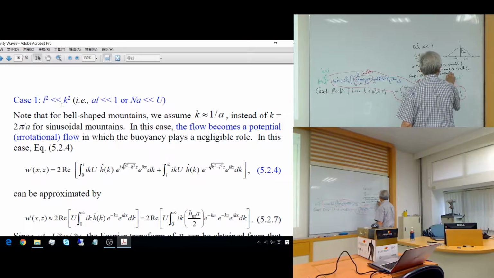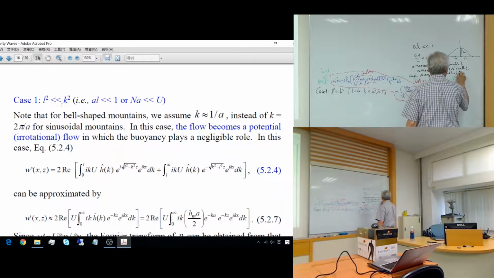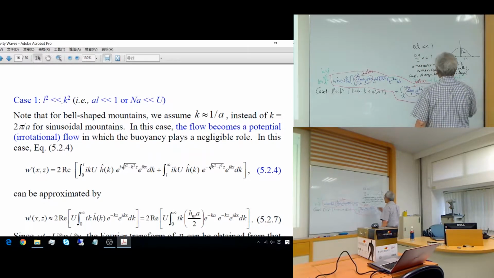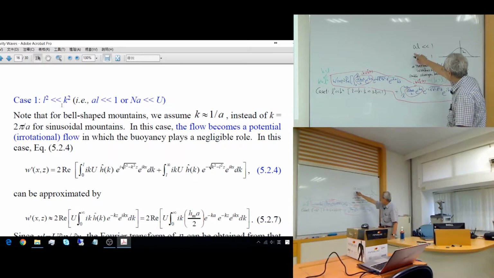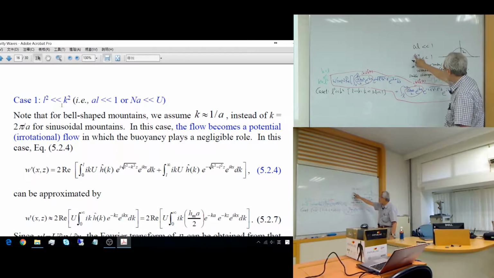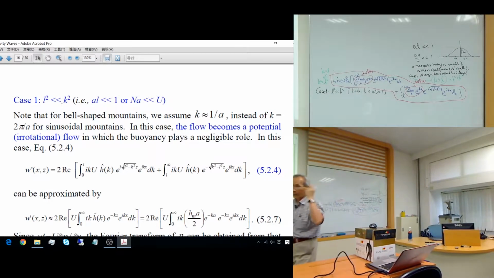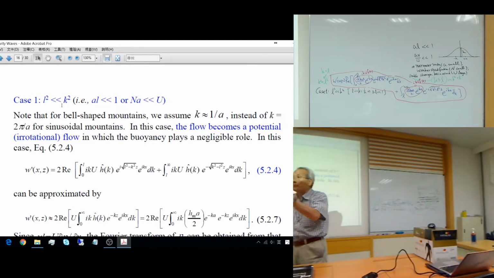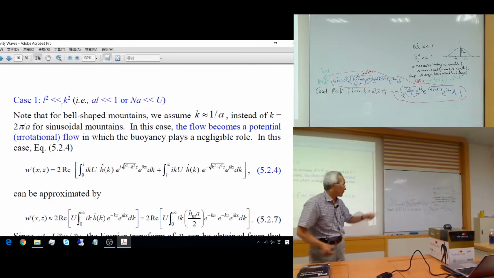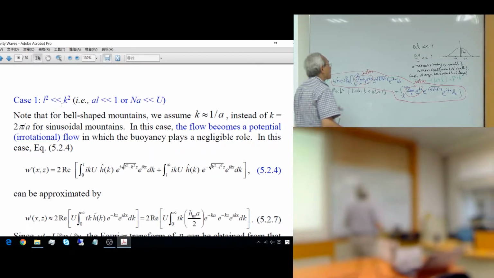These are the physical meanings. In other words, we need this term to be small. That means we need A small, N small, or U large. You can have one term dominate to make it much smaller, or you can have a combination of those situations. That's the physical meaning.